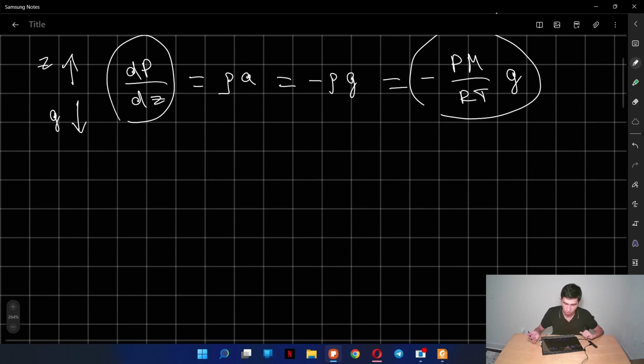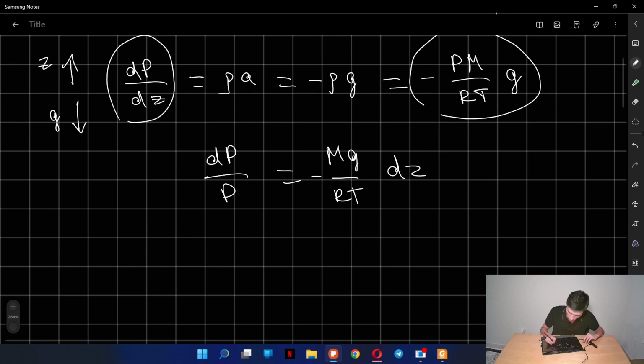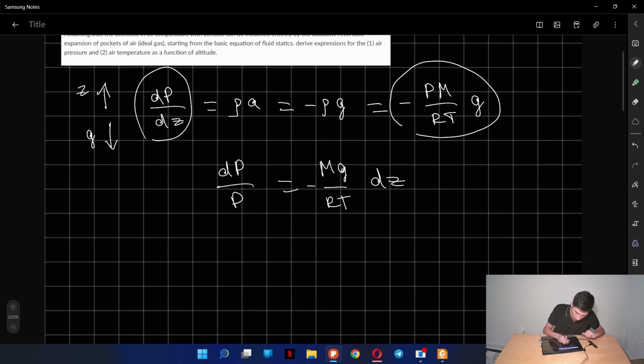So I can say it's dP over pressure equals negative Mg over RT times dz. I just multiplied both sides by dz and divided both sides by the pressure. And if I want to find how they are related, I'm going to have to take the integral of it.